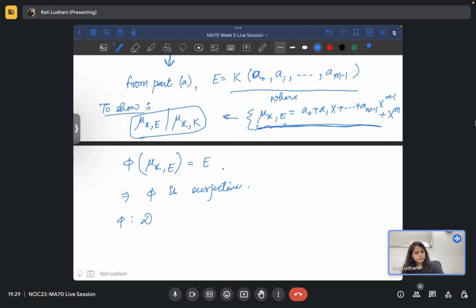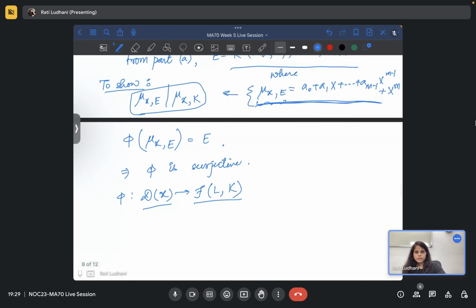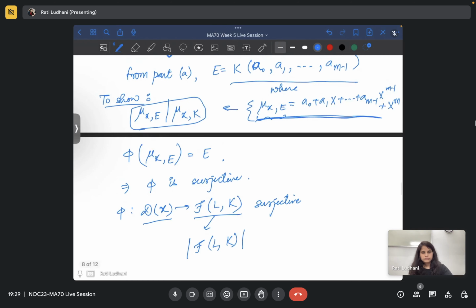Phi is a map from D_x to J(L, K). This is the set of all subfields, and this is the set of monic divisors of mu_{x,K}, the minimal polynomial of x over K. So this is surjective. What does this mean about the cardinality of this set? Since the map is surjective, yes, here we show that mu_{x,E} divides mu_{x,K}.